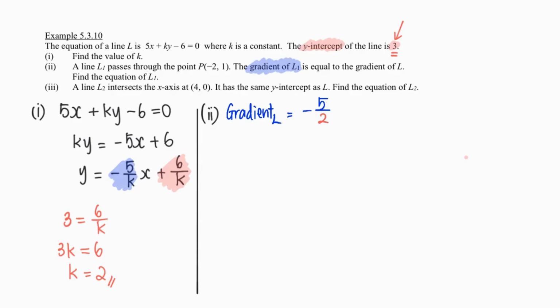And this happens to be equal to the gradient of L1. So I got the gradient already, I also got a point.